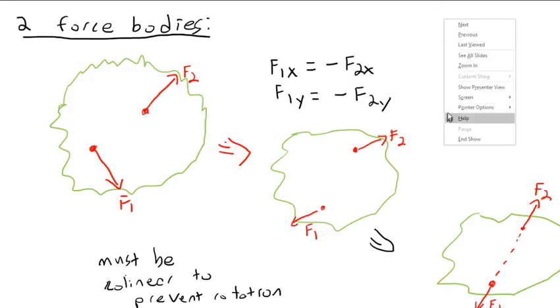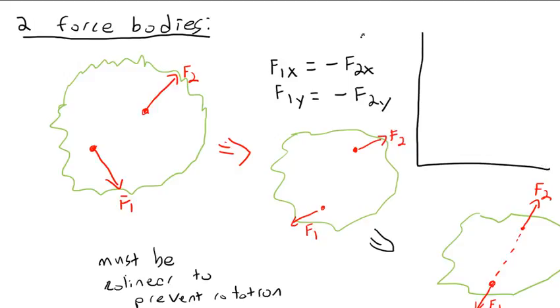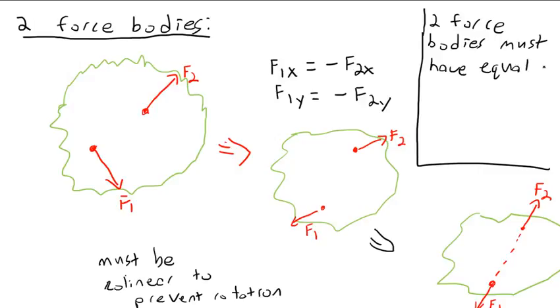So in summary, two force members, or two force bodies, must have equal and opposite forces on the same line of action. And this will be very important when you start talking about trusses. Equal and opposite forces on same line of action.